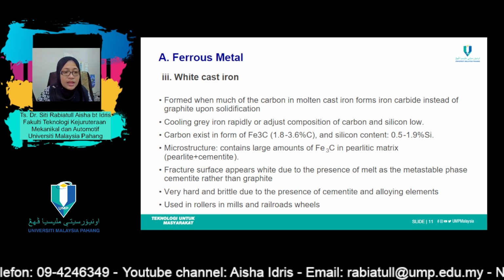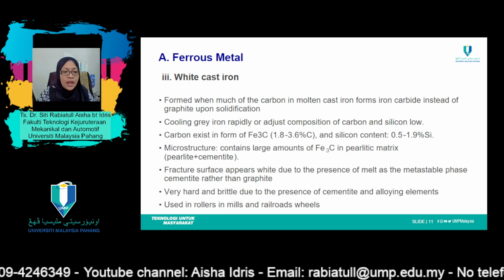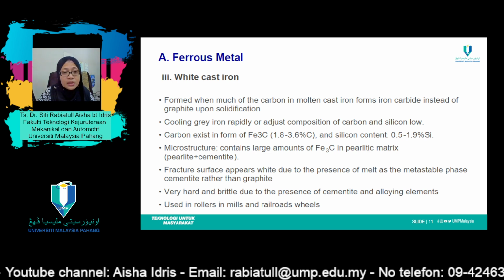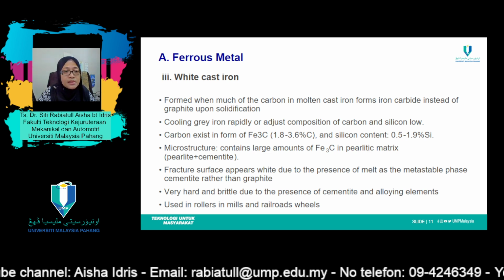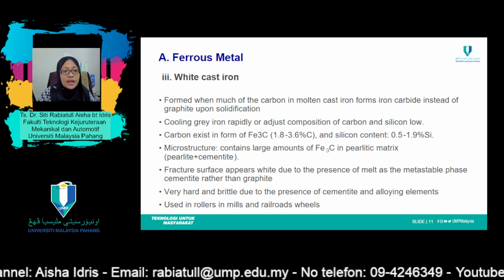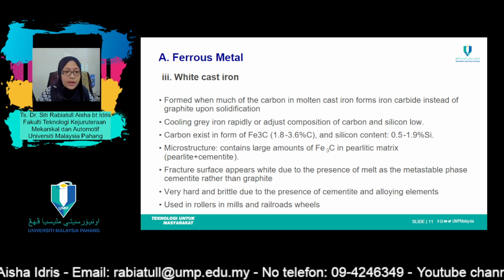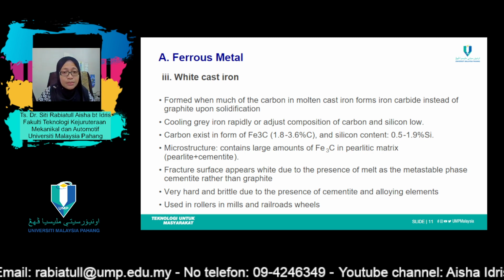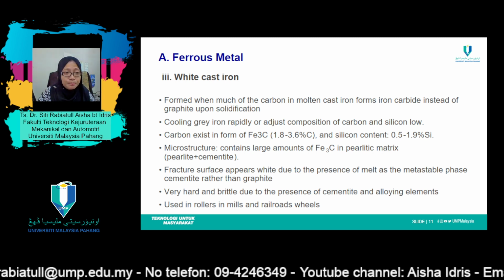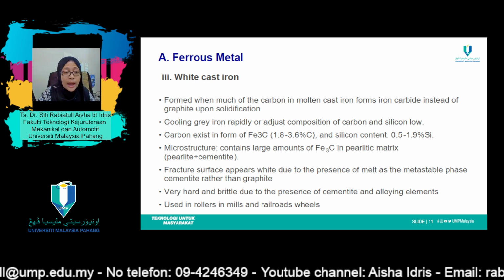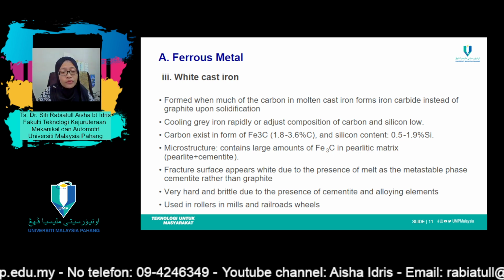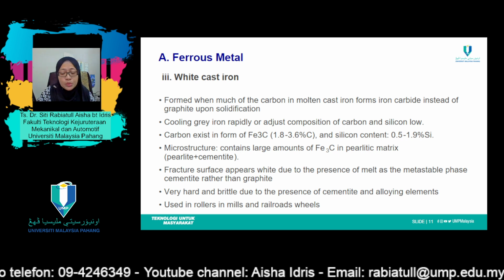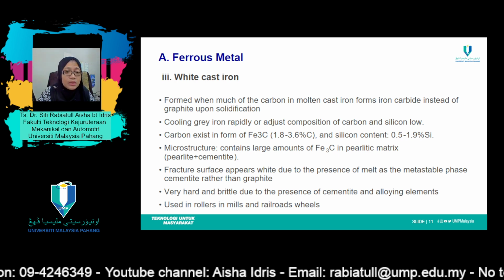Thick sections may have only a surface layer of white cast iron that was chilled during the casting process. Grey iron forms at interior regions, which cool more slowly. As a consequence of the large amount of cementite phase, white iron is extremely hard but also very brittle, to the point of being virtually unmachinable.